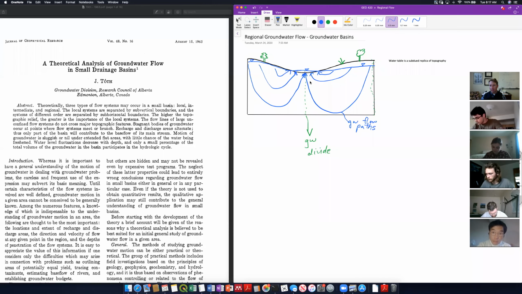All right, not always, but in general. There's a groundwater divide on this side because if our hill is symmetric and continues on the other side, then our water table follows it and our flow paths go the other way on this side. So we've got two groundwater divides, and in between those groundwater divides is our groundwater basin.